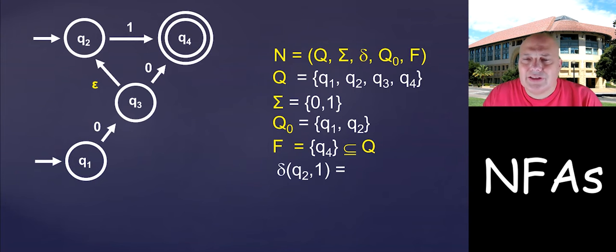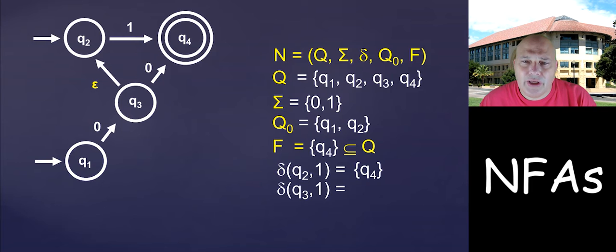And now let's start defining the transitions. To define it, for every state and for every symbol, we're going to define a subset of states you can move to. So delta of Q2 and 1: given that you're at Q2 and you read 1, which state can you get to? Well, there is a single state. You can only reach Q4.